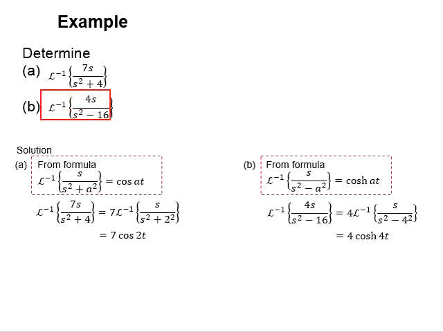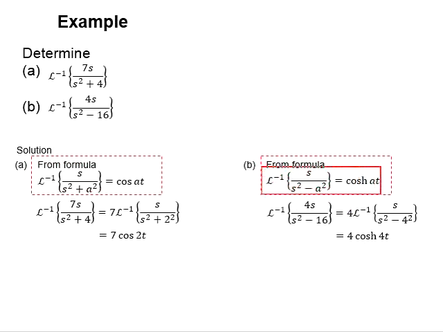For the inverse transform of this, again, you have to refer to the table of Laplace transform formulas. Find the structure which more closely resembles the structure in the question given. S squared minus a squared, and there is an s on top of the fraction.